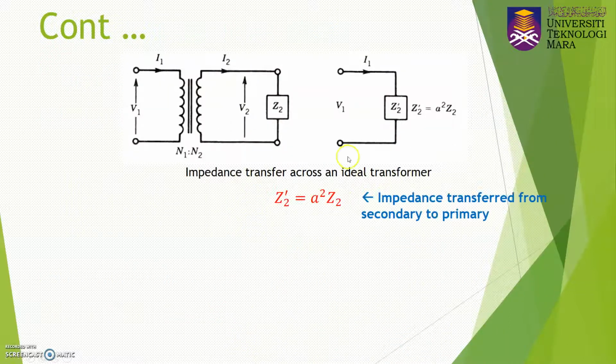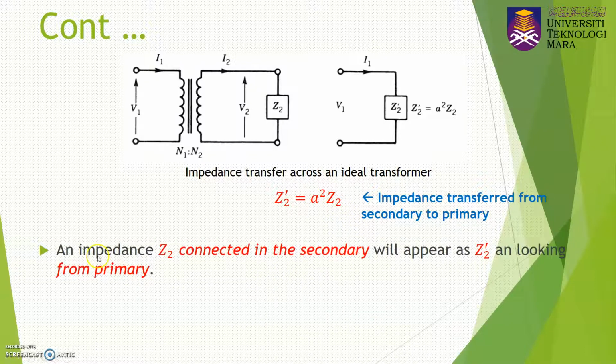So, this equation based on the previous slide, Z2 prime is equal to A squared Z2. This is actually the impedance that is transferred from secondary to primary. If you have a Z2 connected to the secondary, and you need to move the Z2 to the primary side, the new Z2 will be Z2 prime, where the value of Z2 prime is equal to A squared Z2.